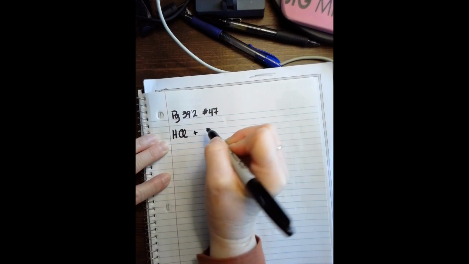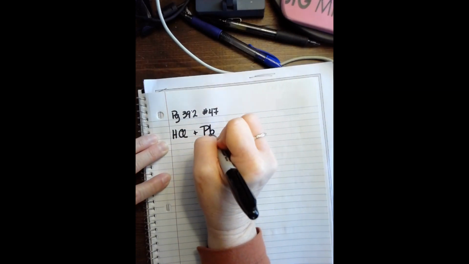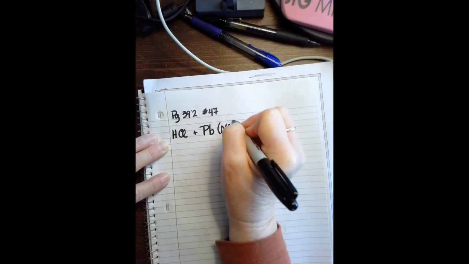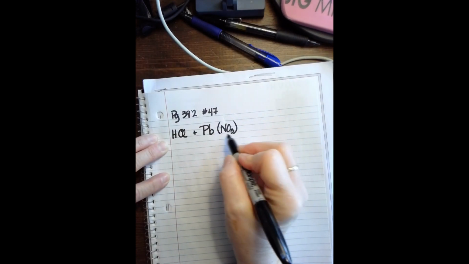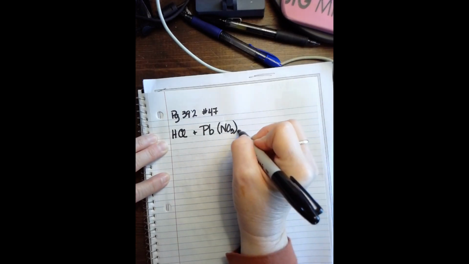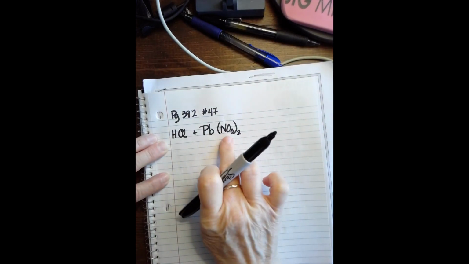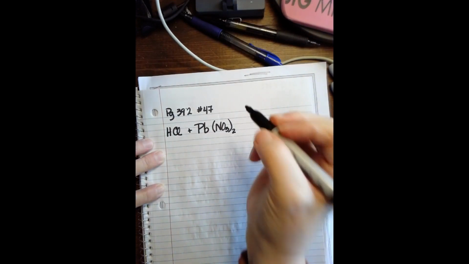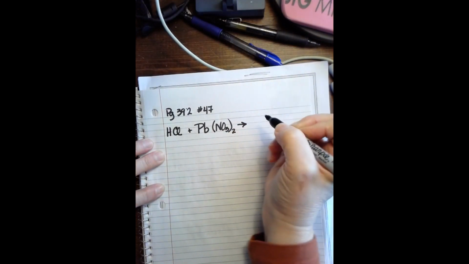Hydrochloric acid is reacting with lead(II) nitrate, and you might have to look up nitrate, but nitrate is NO3, and since it's lead 2, that means there has to be 2 of them. If you remember from your list, nitrate is a -1 ion.